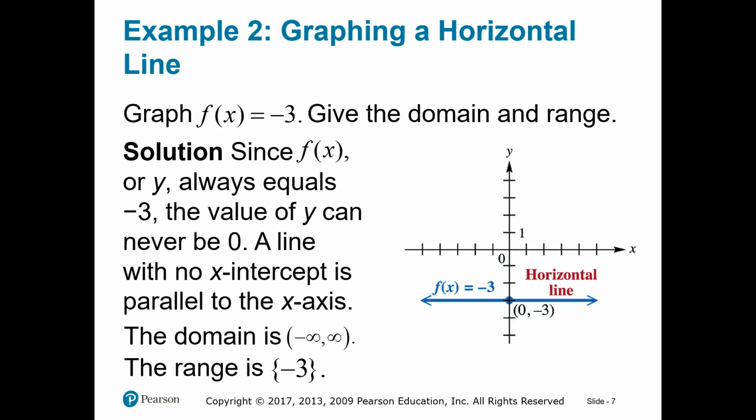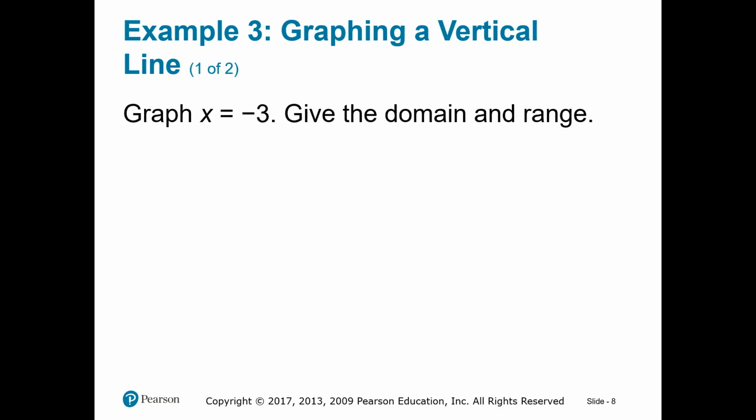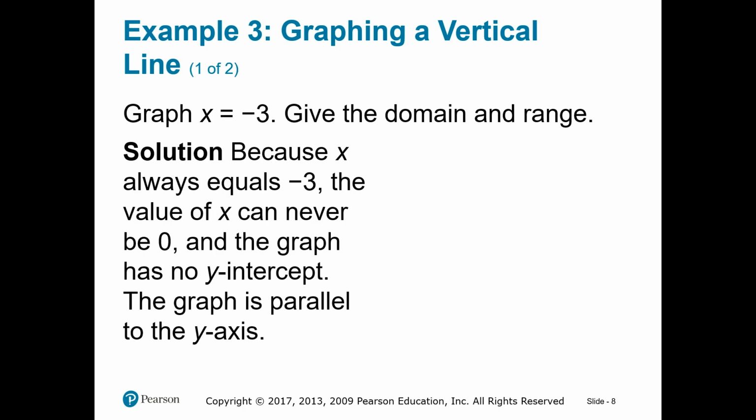This is your horizontal line. Now this one. The domain is the set of values of x, right? What is the value of x here? -3. So what will be the domain? Yeah, the domain is just -3, right? But the range, you can have what?